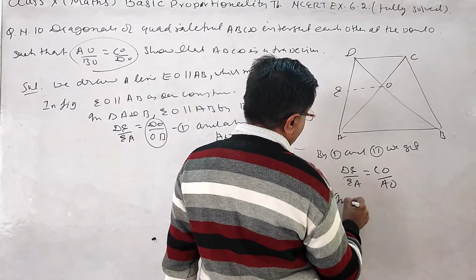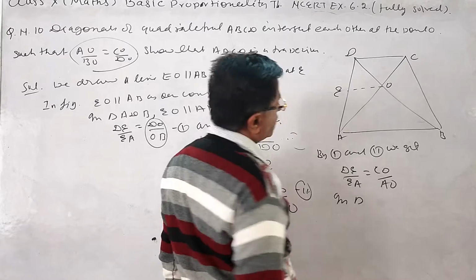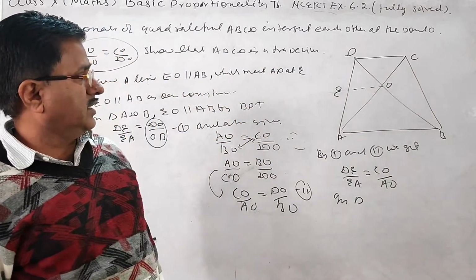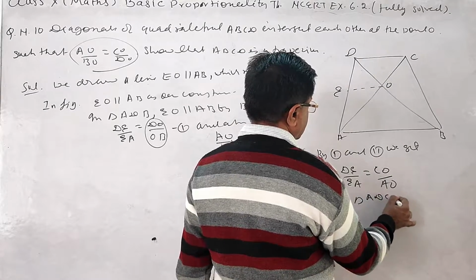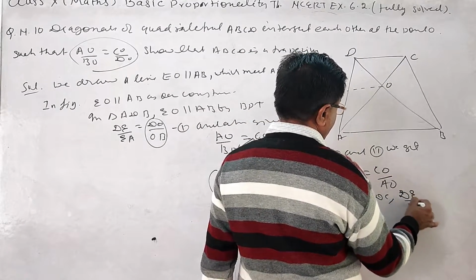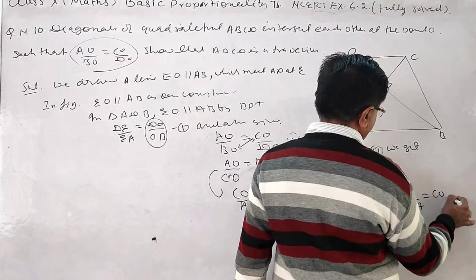Now in triangle ADC, DE upon EA equal to CO upon AO.